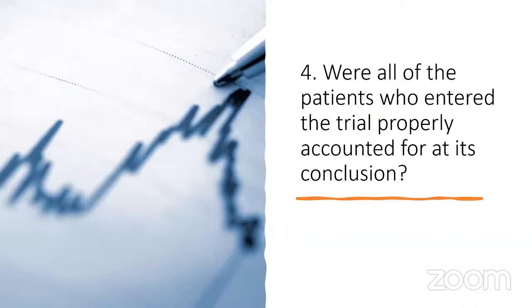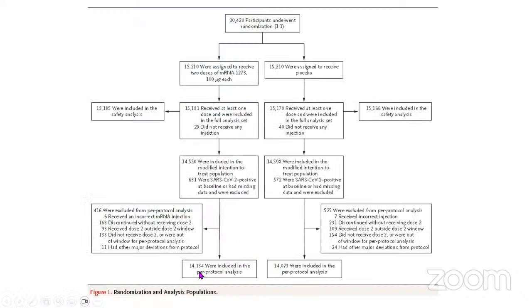Now, were all the patients who entered the study accounted for at the conclusion of the study? This is important, and this is one of the first flowcharts in the study. If you look at the article that has been shared, this is the first figure.